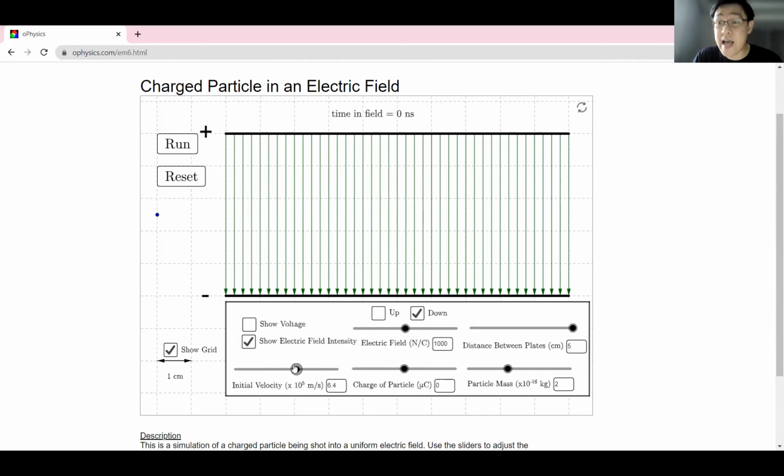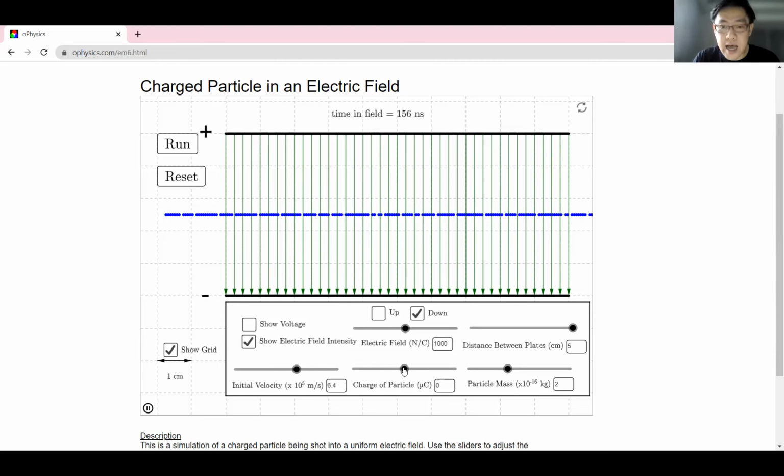Now you can guess, if you just shoot in the particle with no charge, what will happen, guys? It will experience nothing. Yeah, it just goes straight. It doesn't feel any electric force whatsoever.